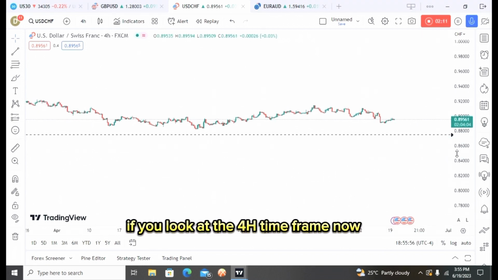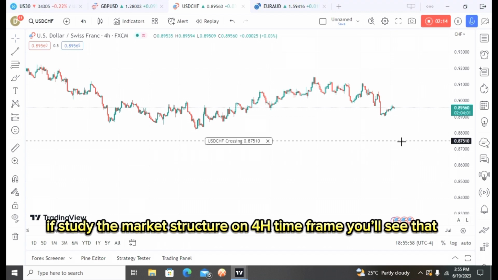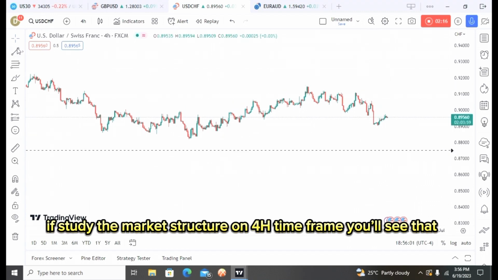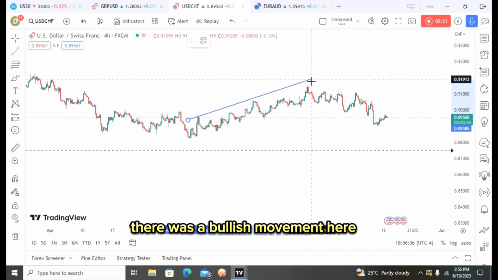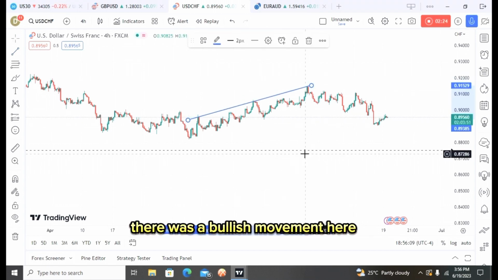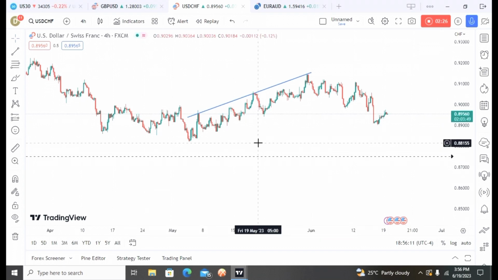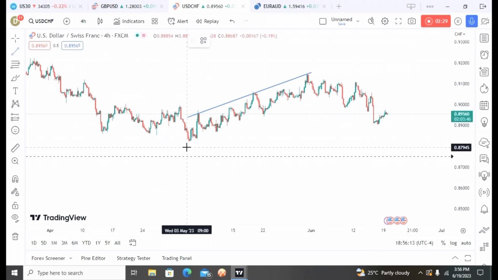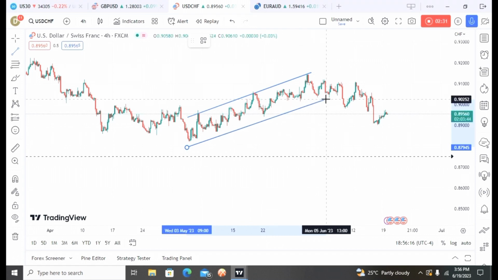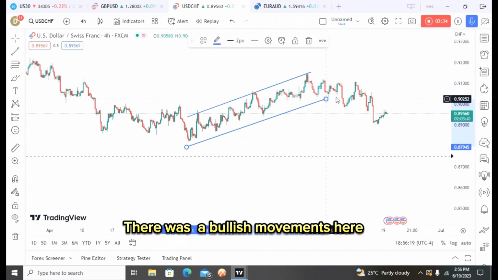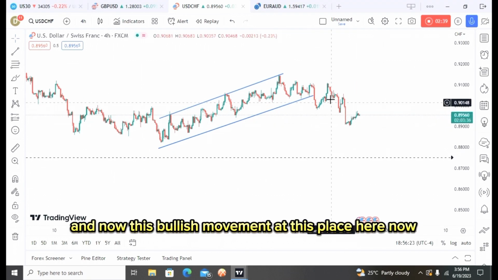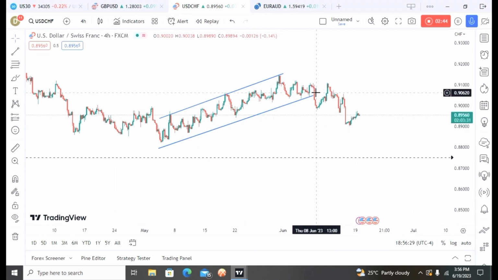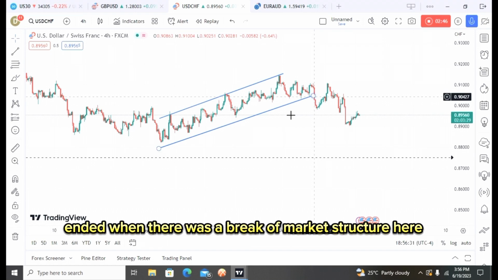Now, if you study the market structure of the 4 hours time frame, you will see that on the 4 hours time frame here, there was a bullish movement here, and this bullish movement ended when there was a break of market structure here.